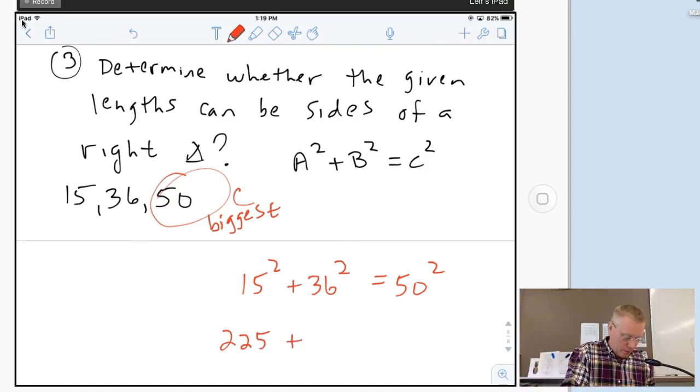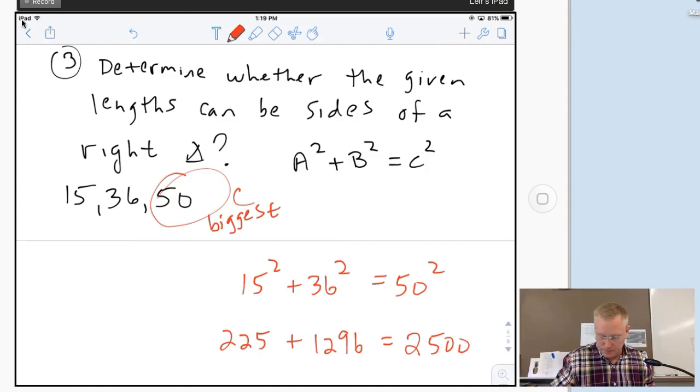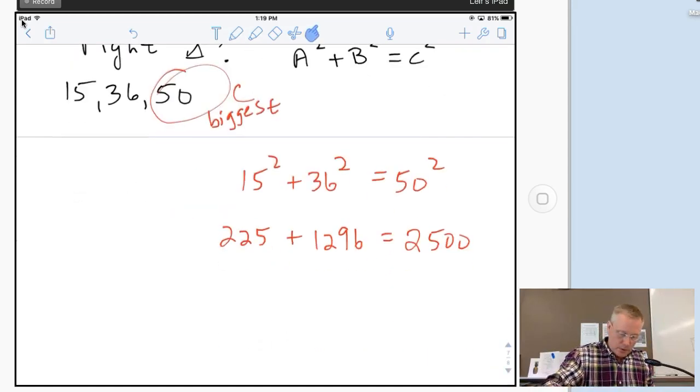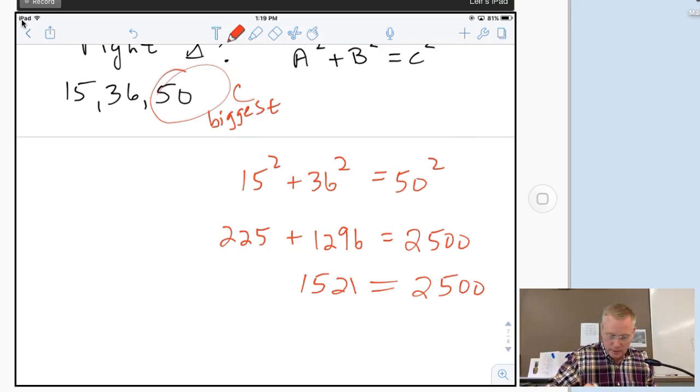And 36 squared is 1296. And 50 squared is 2500. And now when I take 1296 and add 225, I get 1521. Does 1521 equal 2500? No, it does not.